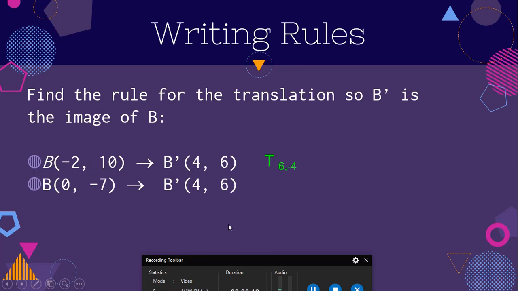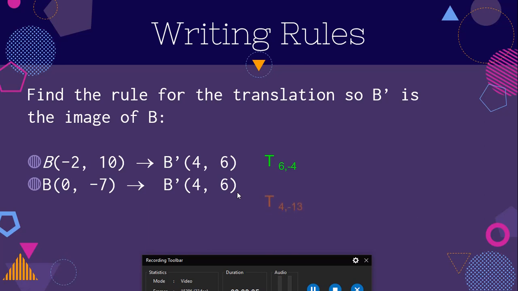In our next example, we still ended up at (4, 6), but we started in a different location. So to go from 0 to 4, we're going to add 4. And then from -7 to +6. Thinking of the y-axis, I'm way down low at -7. I had to rise 7 units to get to 0, and then 6 more.